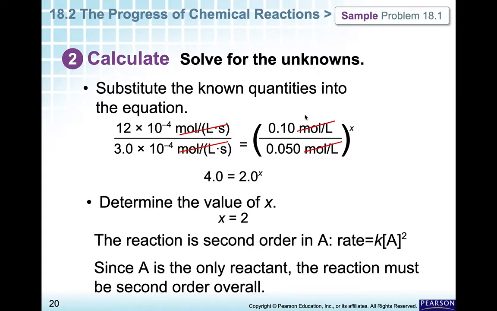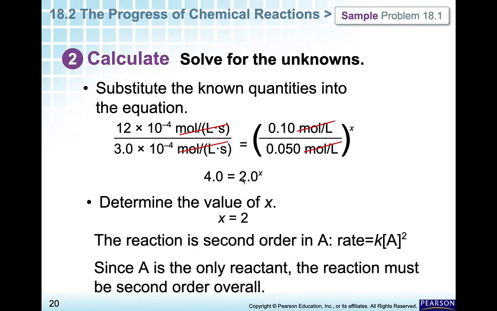We know the initial concentration of the second trial and the initial concentration of the first trial. In other words, we know that the rate is quadrupling, that the second one is 4 times as fast as the first, and we know that the concentration is doubling, that the concentration is 2 times as big as the first. And now it's simple to see what x must be.